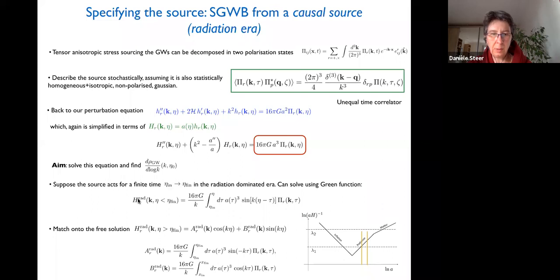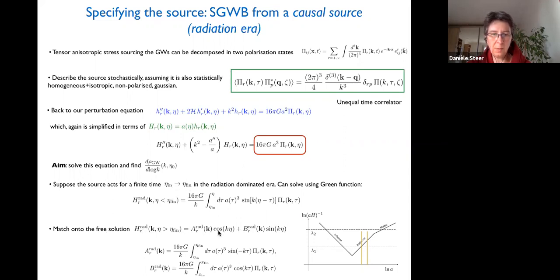So h, and I'm assuming the radiation era, so for eta less than eta final, it's given by this integral. You see the a cubed from here and the Green's function for this operator. Now, after the source is turned off, so for times bigger than eta final, we already know the solution, at least if we look at sub-horizon modes. We wrote the solution down last time, a few slides ago.